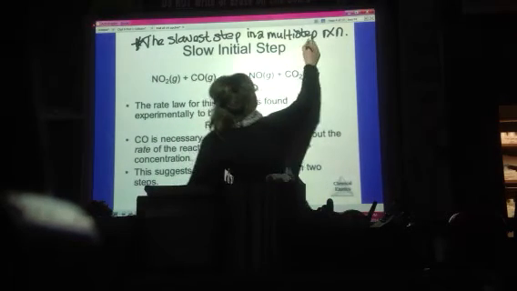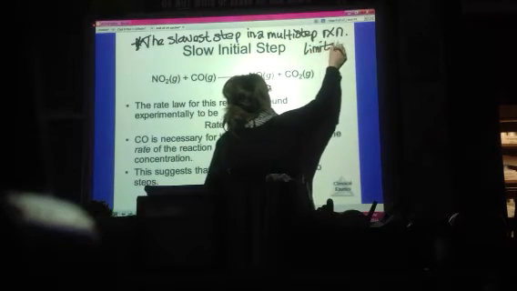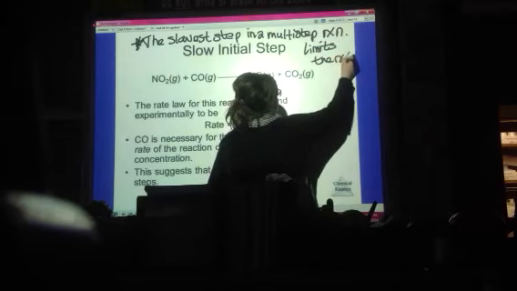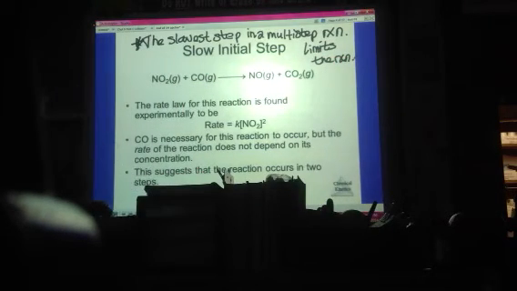Limits the reaction. So the slowest step in a multi-step reaction limits the reaction.